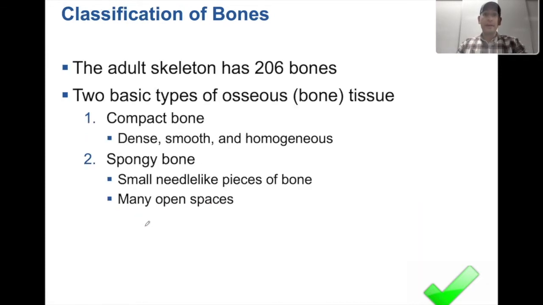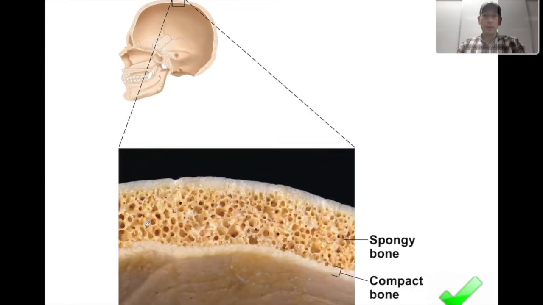We also have compact bone and spongy bone, depending on what it looks like. And all of our bones, all the way around our body, always have compact bone, like the outer shell. Some of our bones also have spongy bone. Why is it called spongy bone?